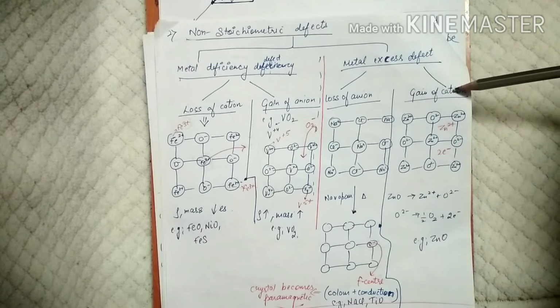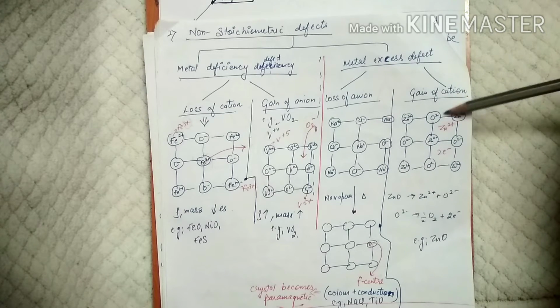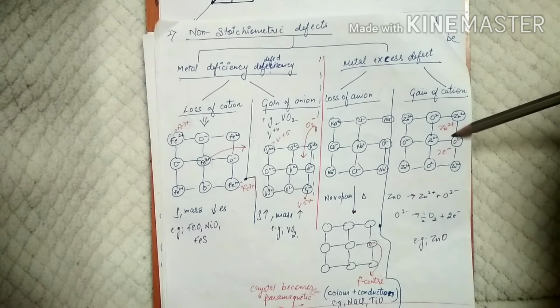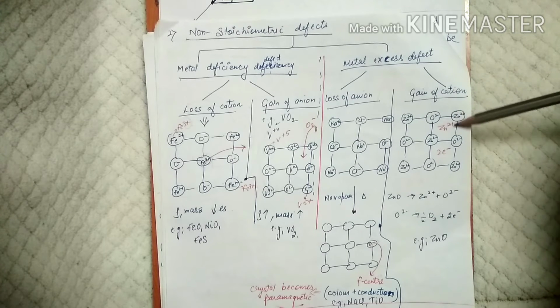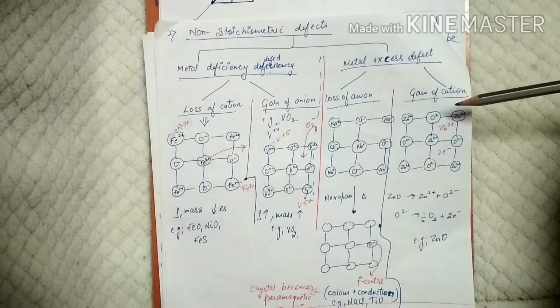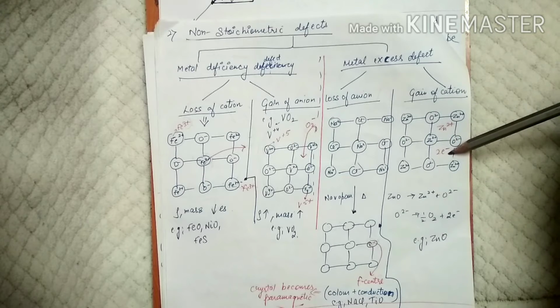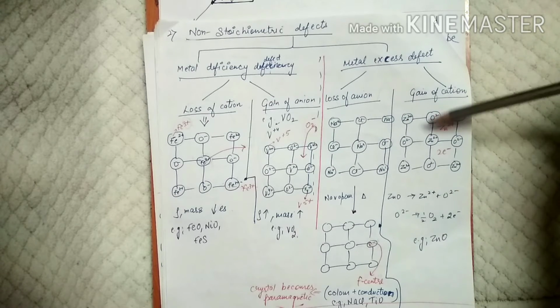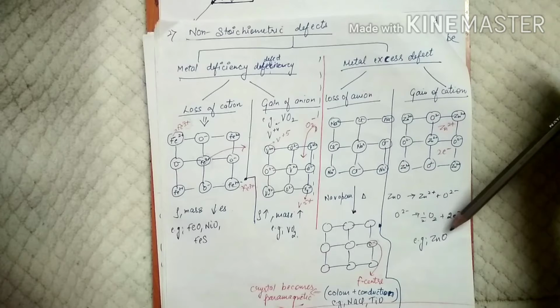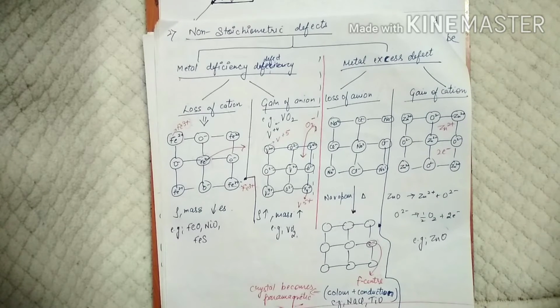Next is gain of cation, in which a cation from outside comes into the interstitial site. If a cation is coming, definitely it is going to have some positive charge. So in order to maintain the electrical neutrality, electrons are also introduced in the interstitial site so that the overall electrical neutrality is maintained in the crystal. Its example is ZnO. So these are basically the types of non-stoichiometric defects.